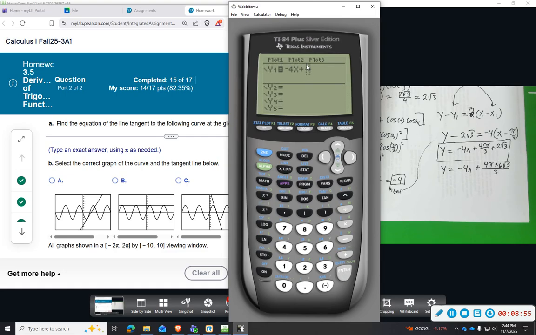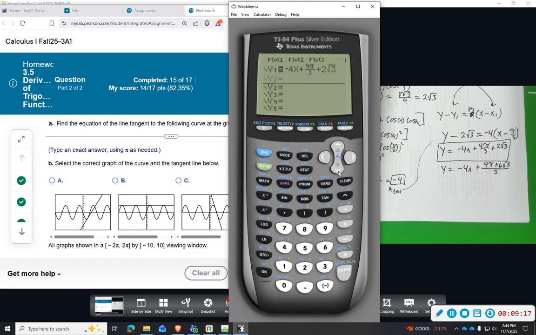If you don't have the operating system, just make sure you put the numerator in parentheses and the denominator in parentheses. So I'm going to say 4 pi over 3, and then plus 2 square roots of 3.